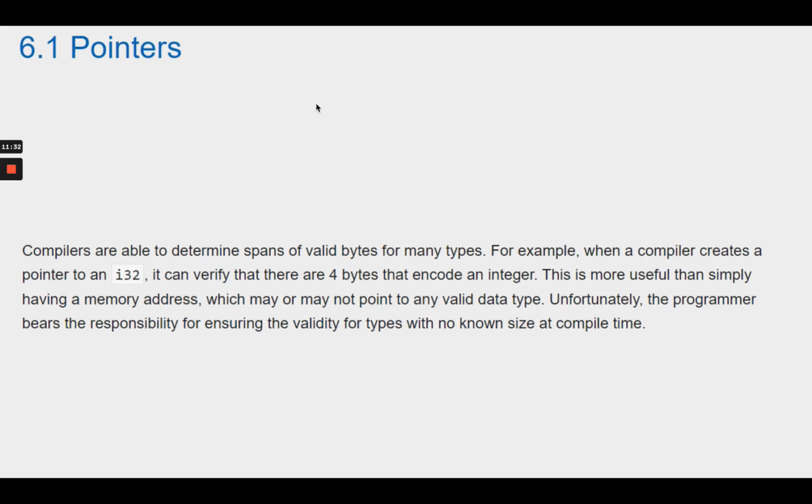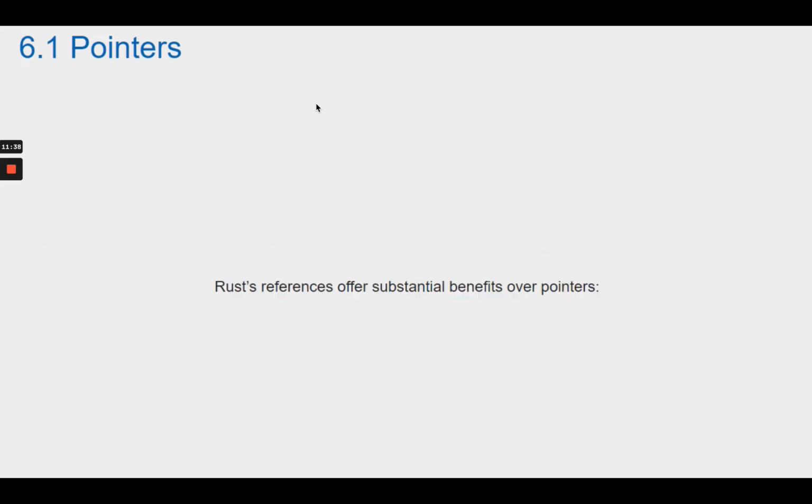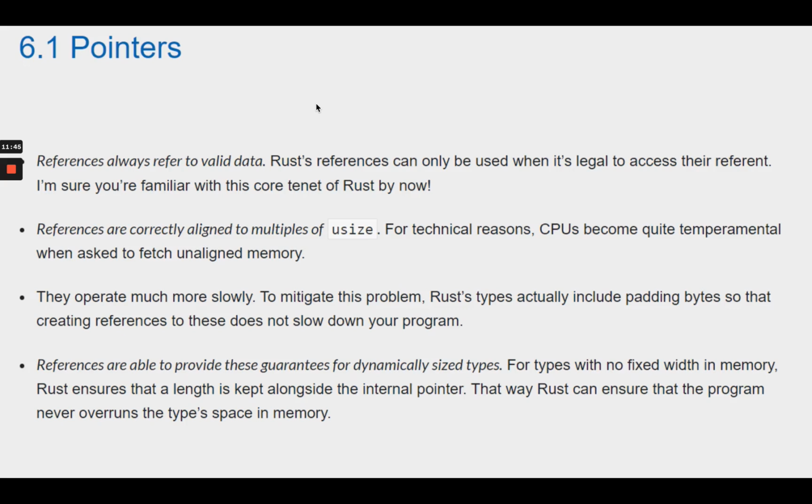Unfortunately, the programmer bears the responsibility for ensuring the validity for types with no known size at compile time. Rust references offer substantial benefits over pointers. References always refer to valid data. Rust references can only be used when it's legal to access their referent. I'm sure you're familiar with this core tenet of Rust by now.